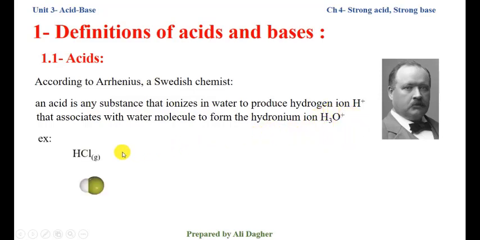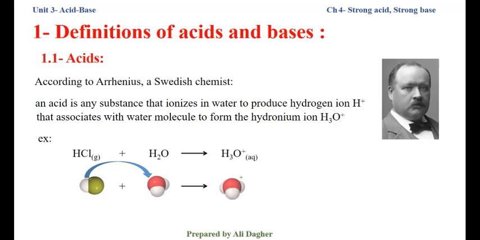For example, hydrochloric acid HCl. When HCl is in gaseous state, it is called hydrogen chloride. The green ball represents Cl, and the white ball represents the hydrogen atom. When hydrogen chloride is dissolved in water H2O, the hydrogen ion H+ is transferred from HCl to H2O, which becomes H3O+.